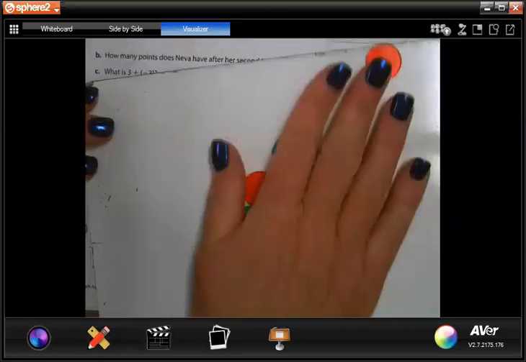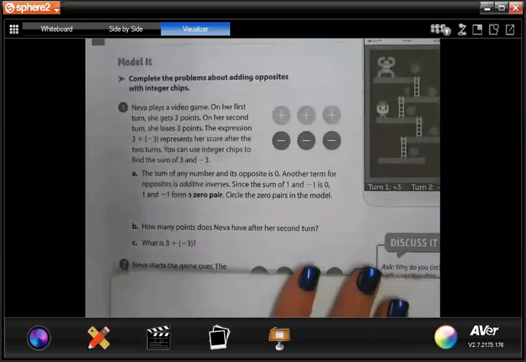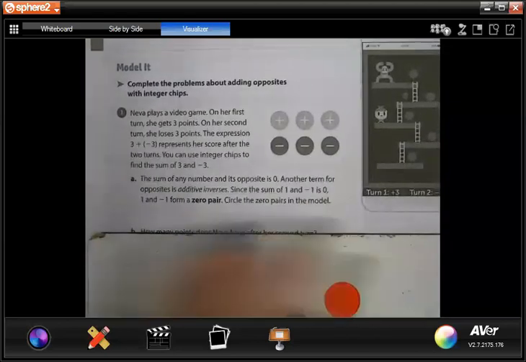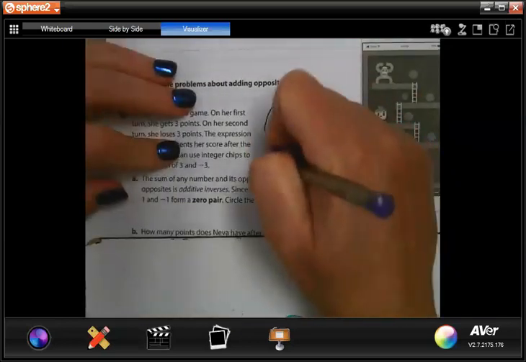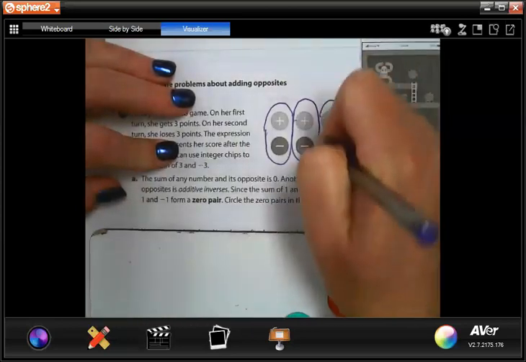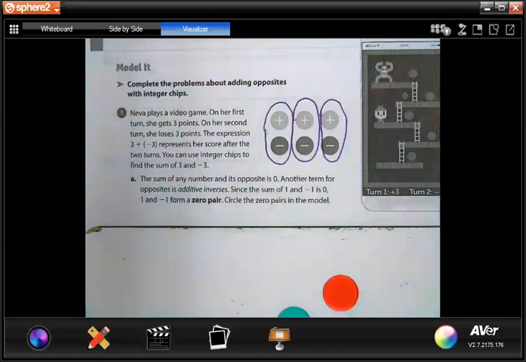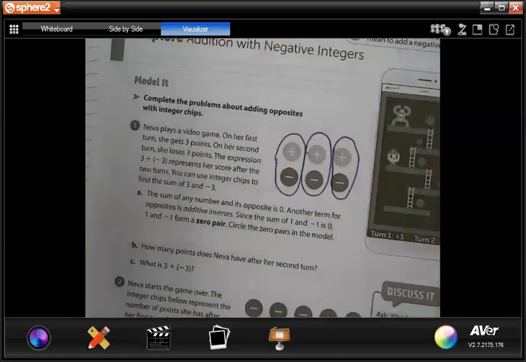All right. So the first step that we're going to do here in this problem is that they want us to circle our 0 pairs. So we're going to circle these, and we're going to circle these, and we're going to circle these, because those are all considered 0 pairs. Okay.